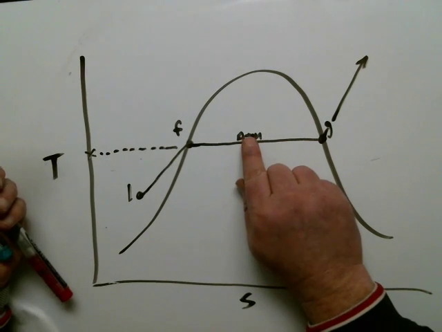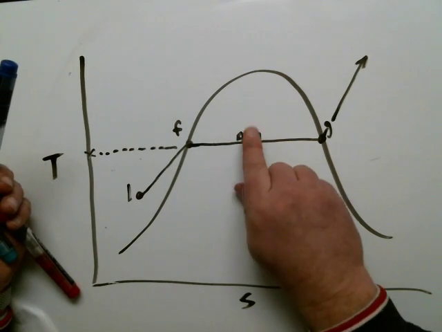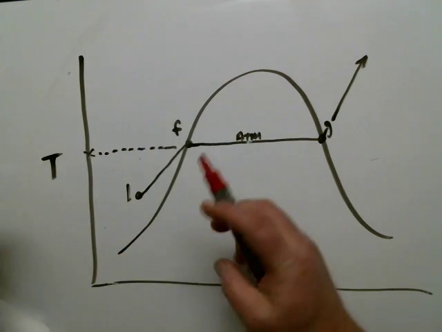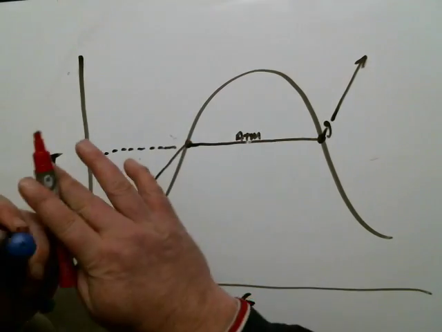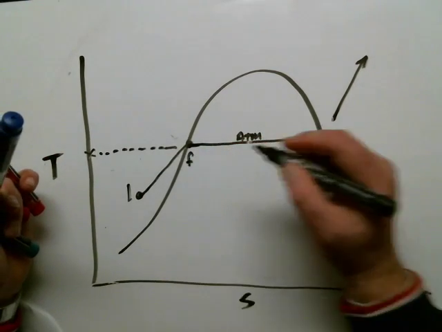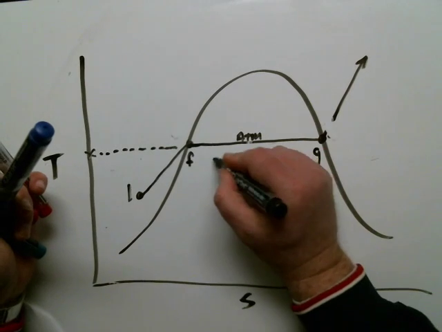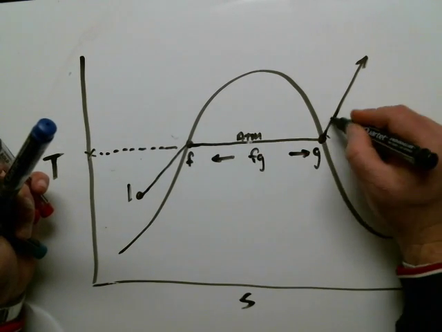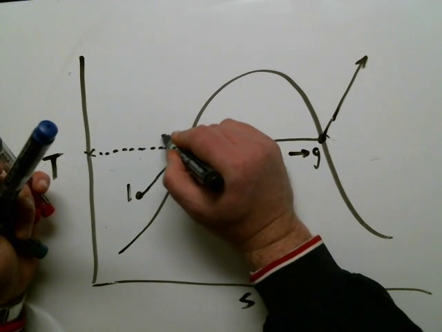Pressures that exist above atmospheric pressure are going to be up here, and pressures below atmosphere will be down here in a vacuum. So here's a pressure line. I'm going to get rid of that F, put it down here for now, and get rid of this G. So this F point, this is the G point, and remember the distance between the two is called F to G, FG. So here's a new pressure line.